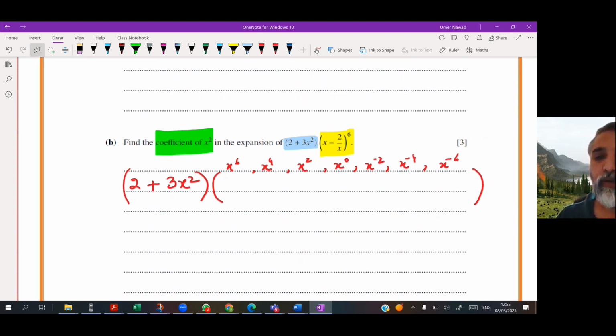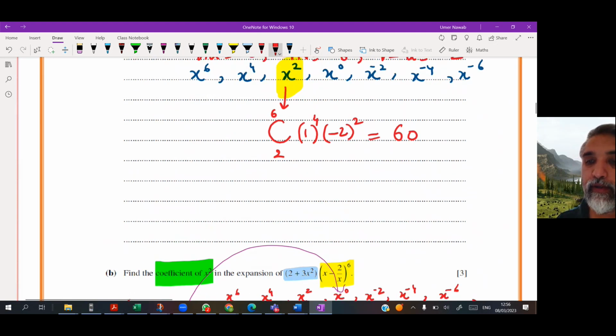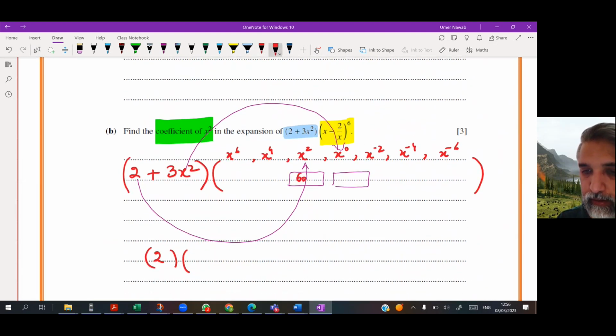I'm looking for the x squared term. So 2 should be multiplied with this term, and x squared should multiply with this to get you x squared. So 2 should be multiplied with this one, which we have already found in the previous case. That gives us 60x squared. This was 60x squared, so I'm going to multiply with 60.